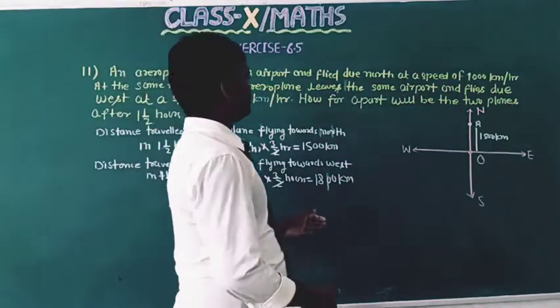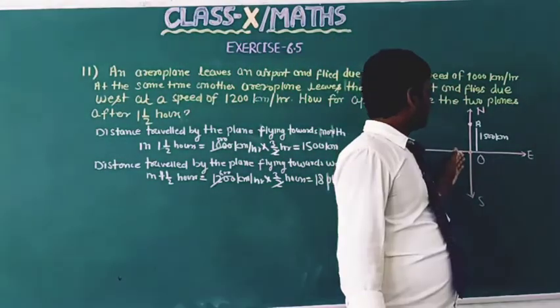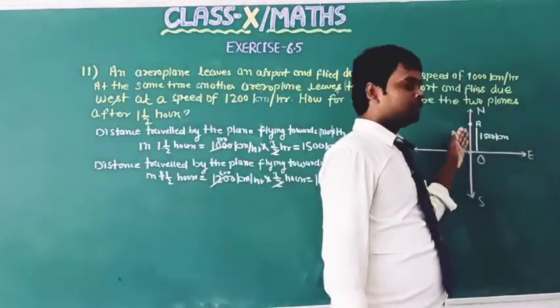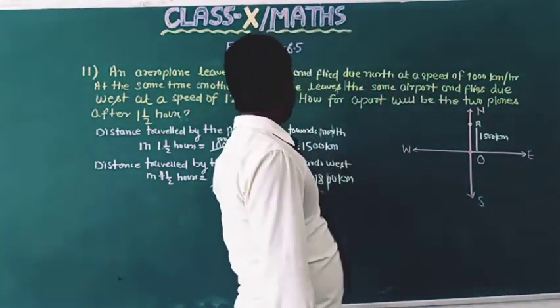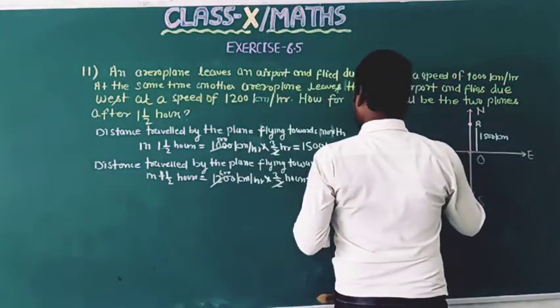So we find the distance when the plane flies due north equals 1500 kilometer and west equals 1800.